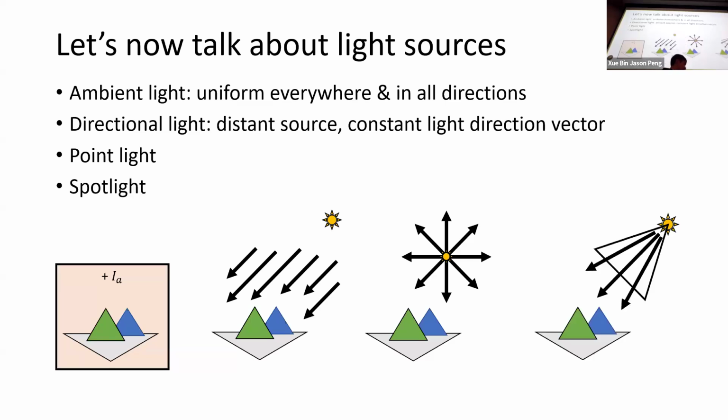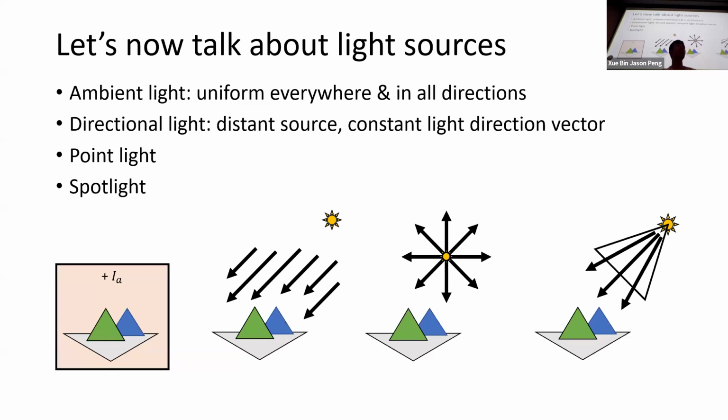Now, another common type of light source is going to be a spotlight. You can think of the spotlight as a special case of a point light, where the light source is only going to emit light along specific directions. So if a point is within this range of directions of the light source, then it's going to receive light from the light source.